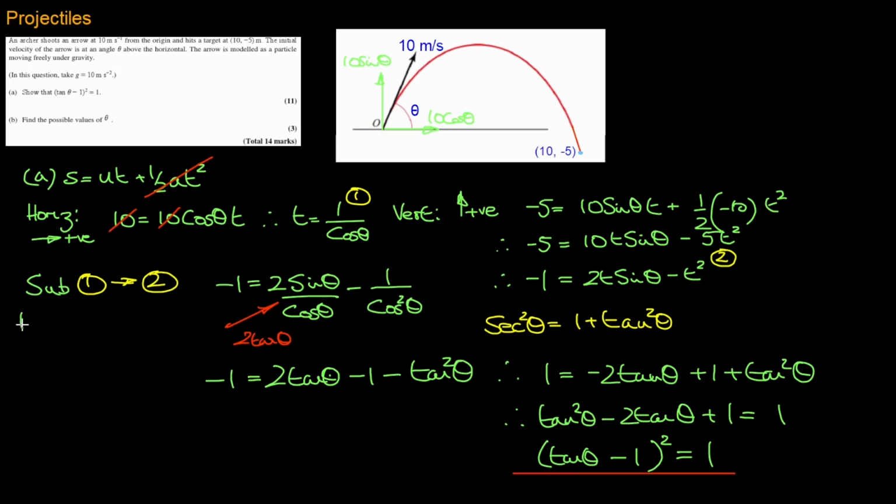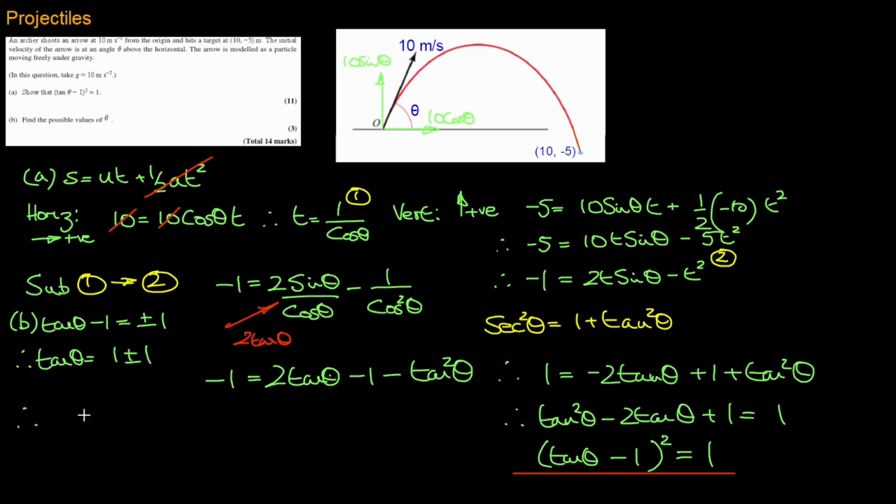So with not much room left, let's have a look at part B. We're asked to find the possible values of theta. Well, this is just solving this equation. If I take square roots of both sides, I get tan θ − 1 = ±1. Therefore, tan θ = 1 ± 1.